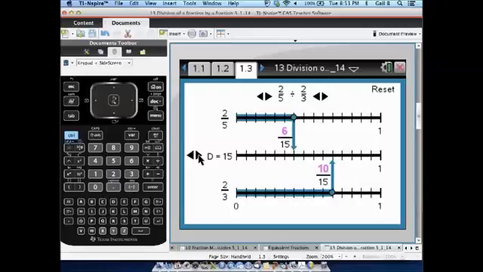And here's the punchline. If you have 6/15 divided by 10/15, the 15s become irrelevant. The unit is 6 of something divided by 10 of something, and the answer really is 6/10.